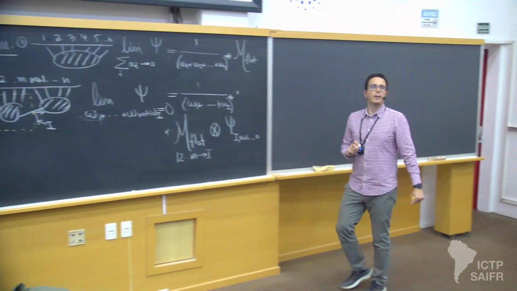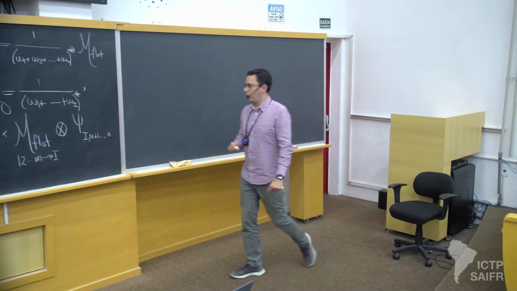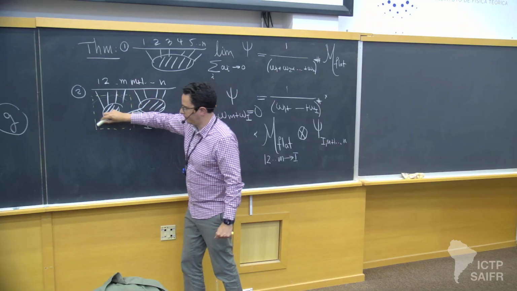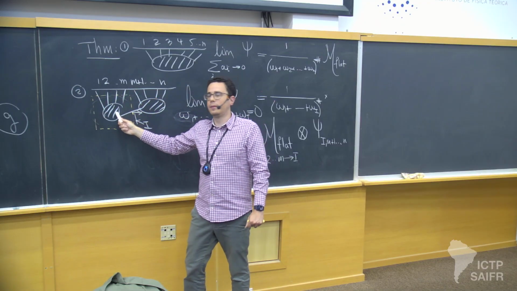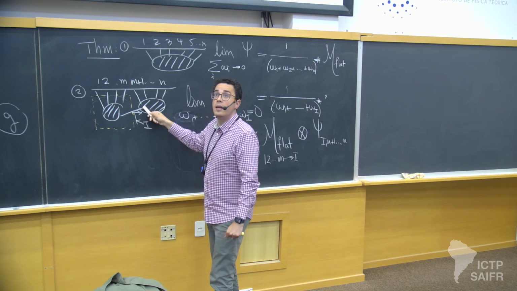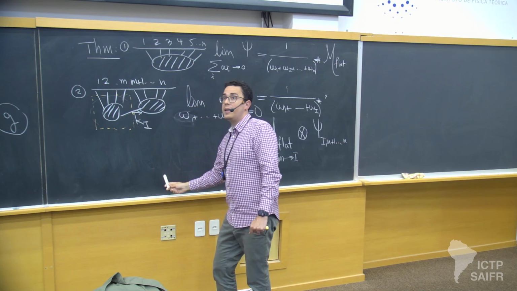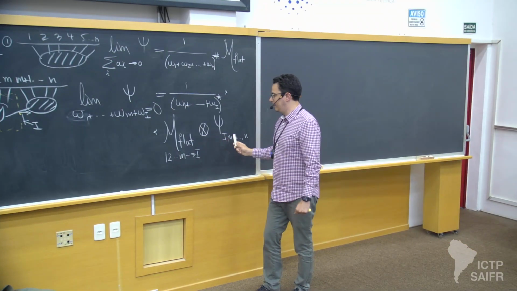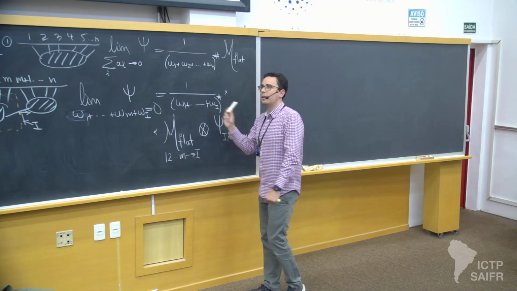Okay? So you get products of flat. So here you're forcing all of these particles to be blue shifted. So you need to account for the fact that this guy propagates and it becomes an incoming state. So that's why this requires some elaboration.